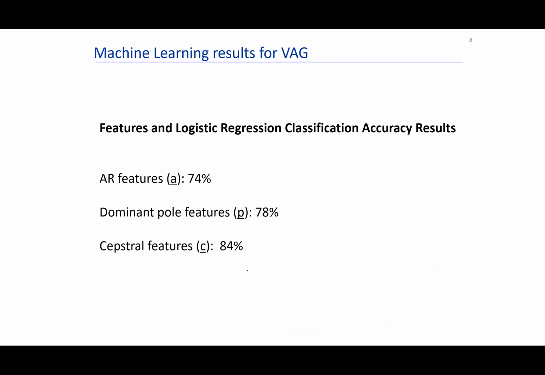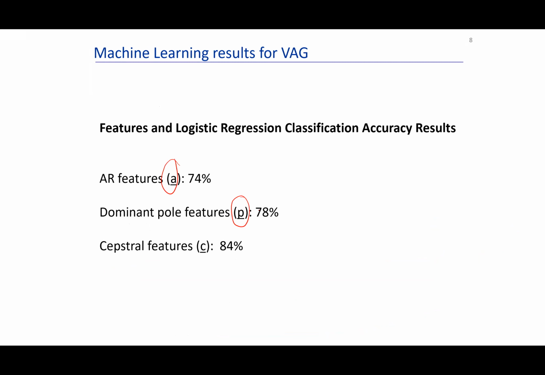Now, in terms of the results we got with WAG by using those features on the logistic regression classification accuracy, by using AR features, your A coefficients, for the two group classification, normal and abnormal, we got 74% accuracy. By using the dominant pole features, P poles, we got 78% accuracy.